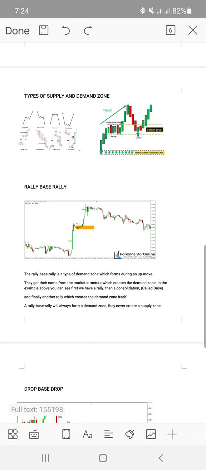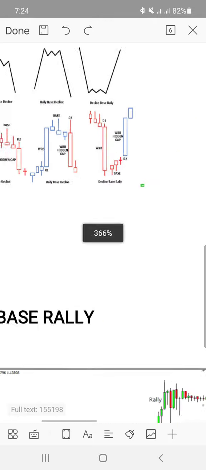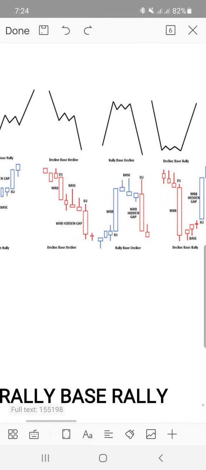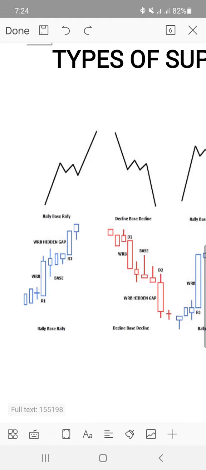So let's begin. We have different types of demand and supply, right? So the first one, we have what we call rally-base-rally. What rally-base-rally means is the market buys, right? Then after the market buys, it ranges for some time, right?